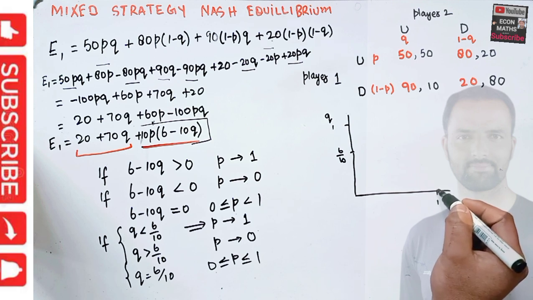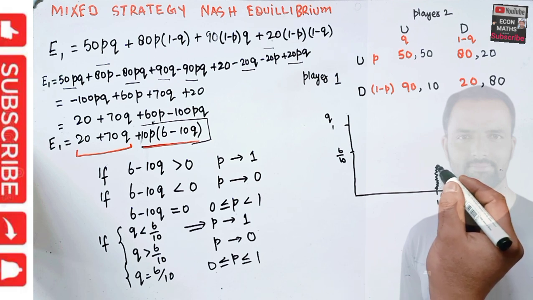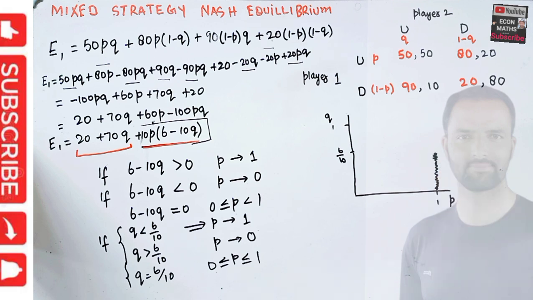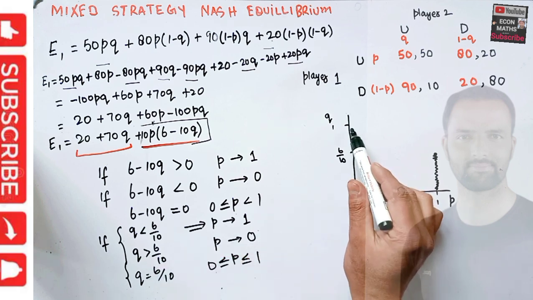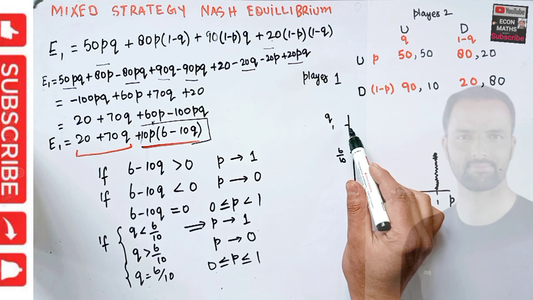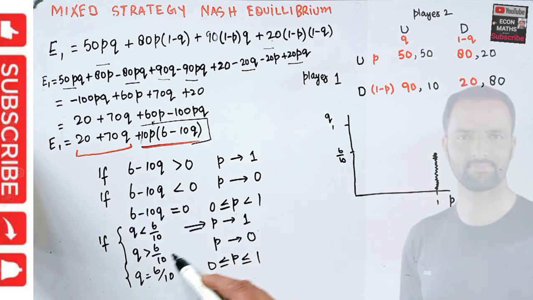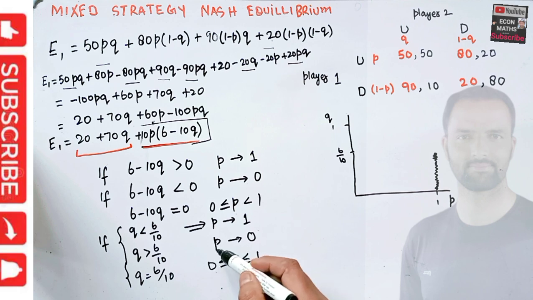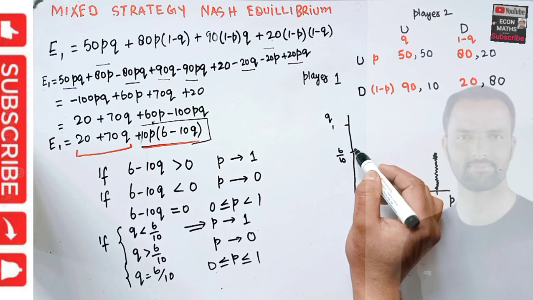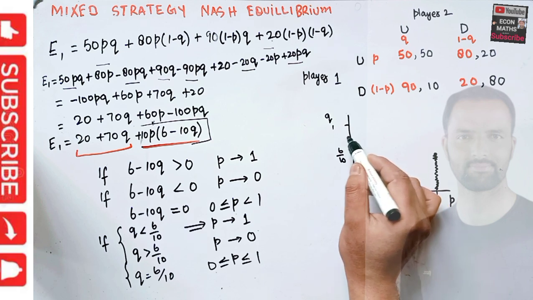Then player 1 will choose to play like this. When Q is greater than 6 upon 10, player 1 will choose P equal to 0. So we have P equal to 0 at that time.